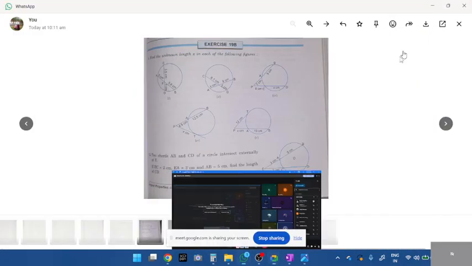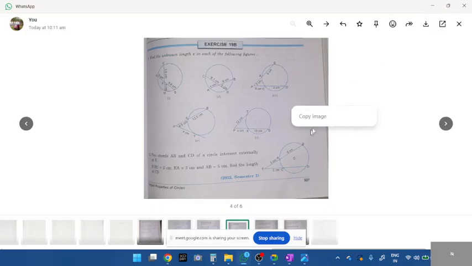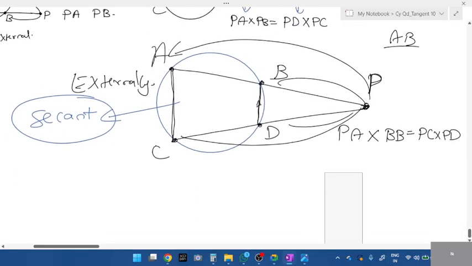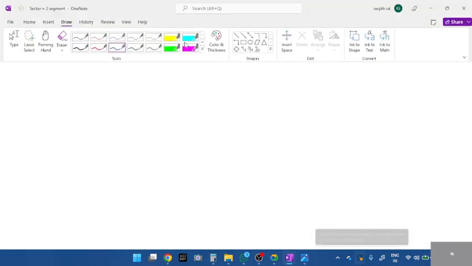Okay, completed. Yes, students, done. All of you are done. Yeah, when two chords intersect, when two secant intersect. Okay, next there are three more formulas left. I'll just complete one. Remaining two we'll do it evening.